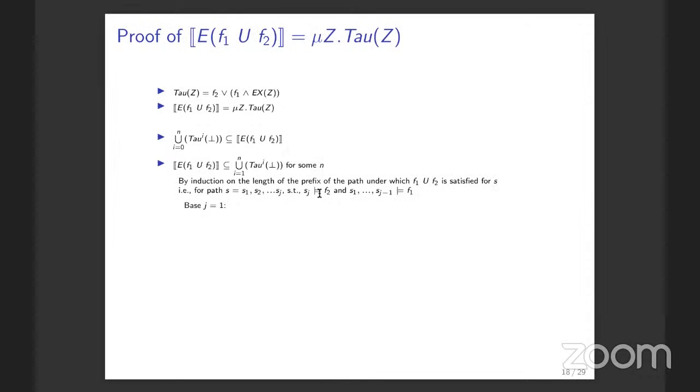See, if j is equal to 1, what are those states that satisfy, that are included in this? Anyone? Ratnakar? We just set it to F2, right? That is correct, that's exactly right.